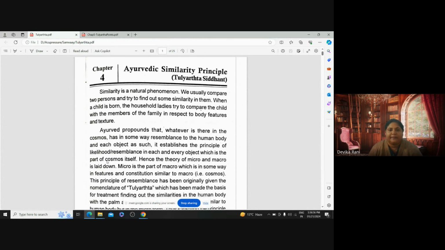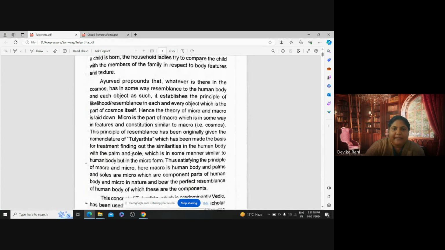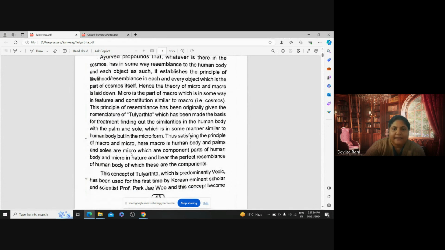We can use them for treatment because there is a similarity, which we will get to know as we go through the session. In that case, the body becomes the macrocosm, and the palms and feet become the microcosm. Is my pace fine? Are you able to keep pace with me? Are you able to understand?